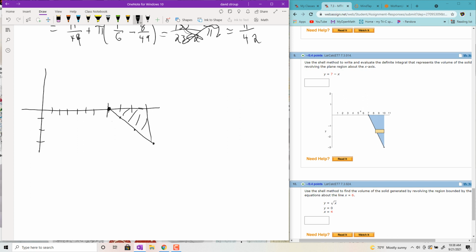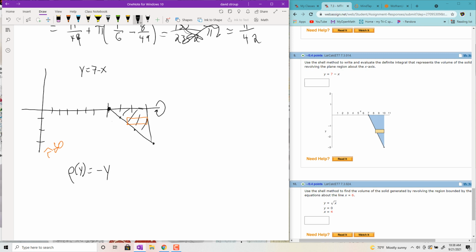You want to rotate this, so y equals 7 minus x about the x-axis. Surreal. Our Riemann man is running like this. The rectangles look like this, so it's with regards to y. And so our radius function is just going to be negative y, right?